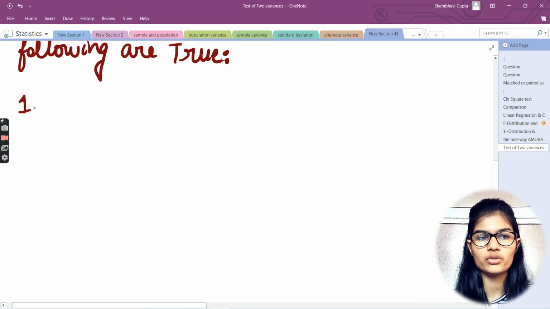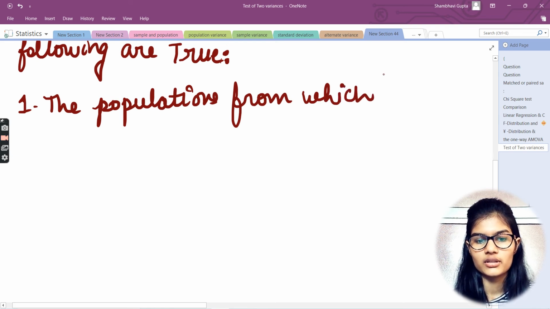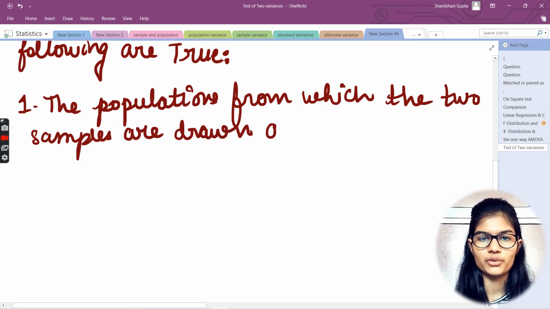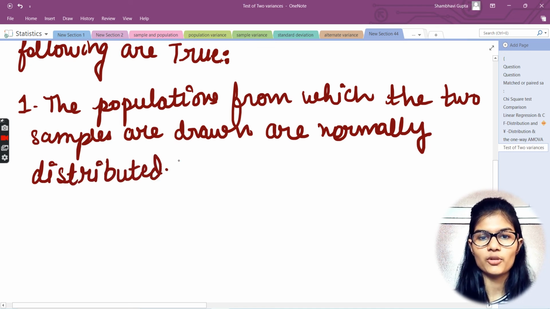The very first condition is that the populations from which the two samples are drawn are normally distributed.